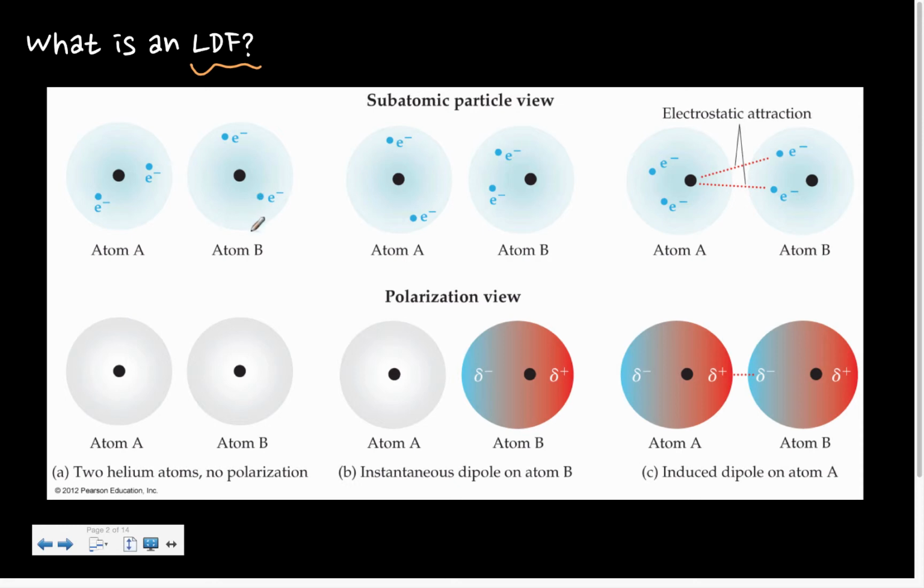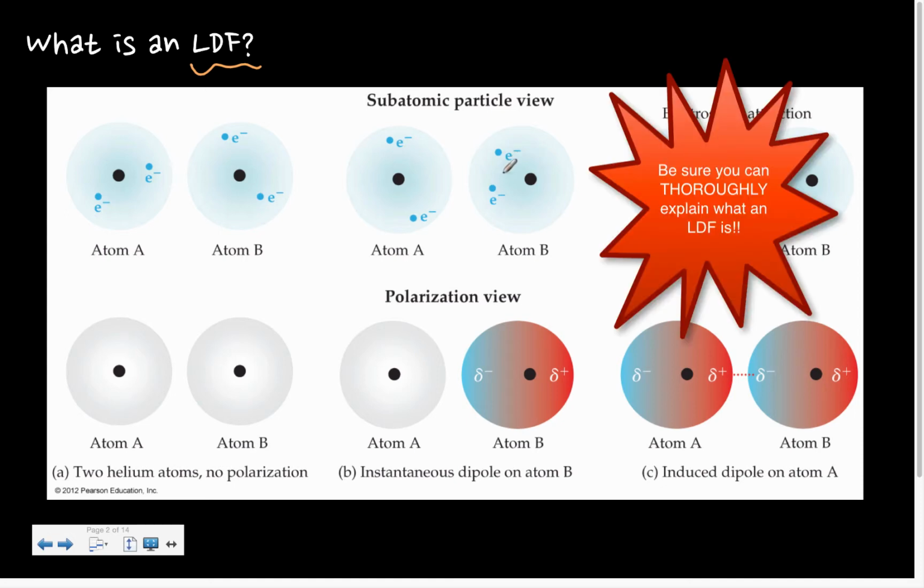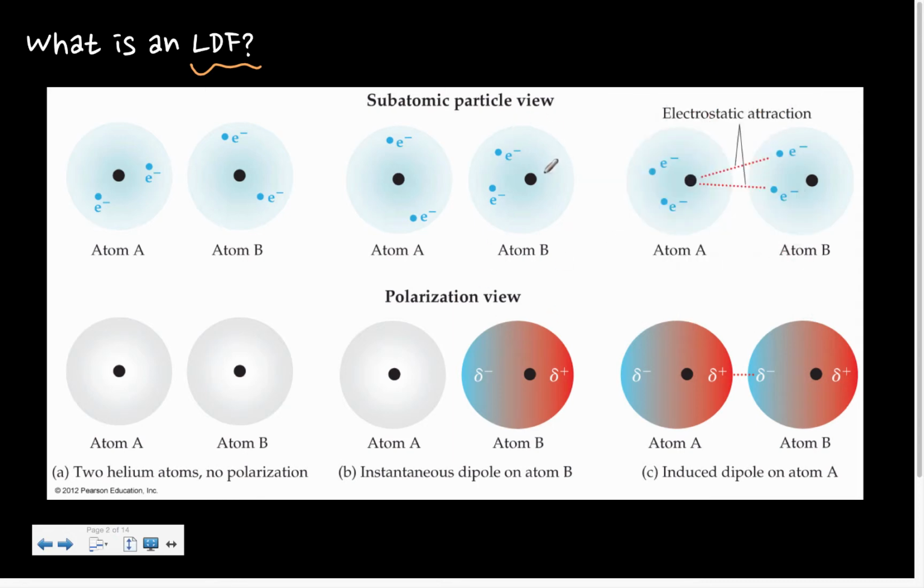Instantaneously, though, when we talk about what an LDF is, it is an instantaneous dipole, meaning that at any given instant, the electrons in an atom may be unevenly distributed within the atom, okay? And if, for example, at this instant in time, the electrons are more on one side, that means that at that instant we get a polarization, an instant dipole.